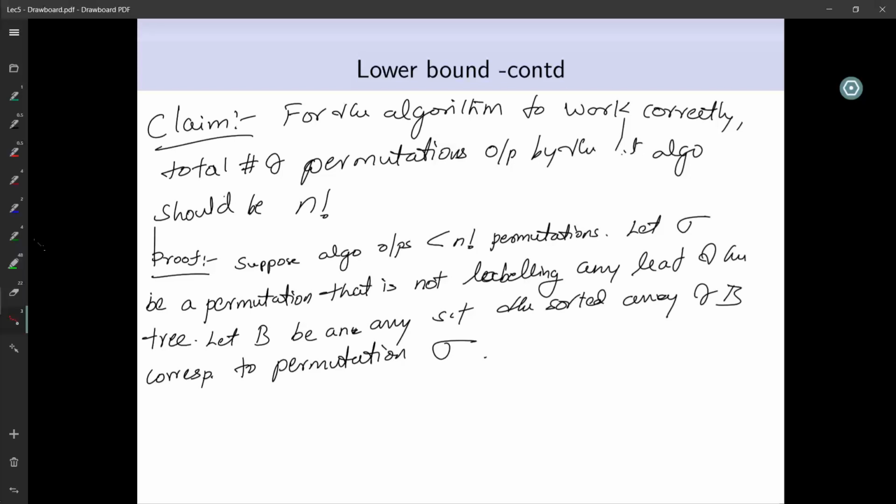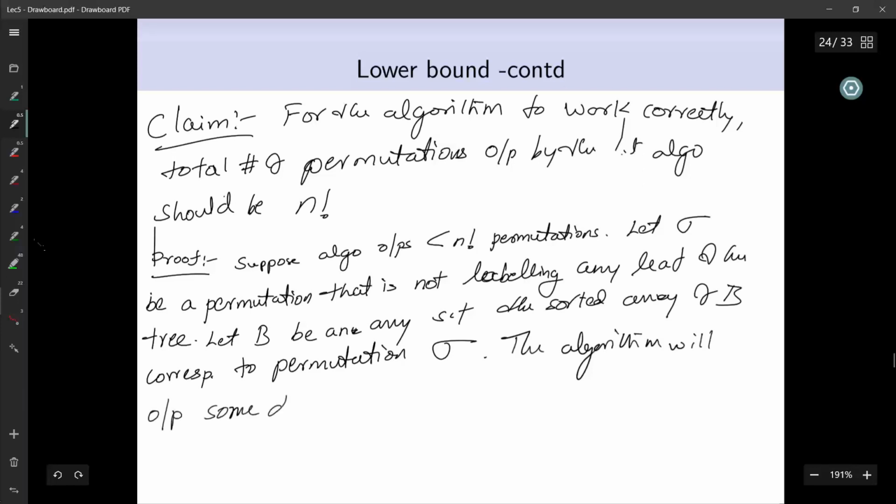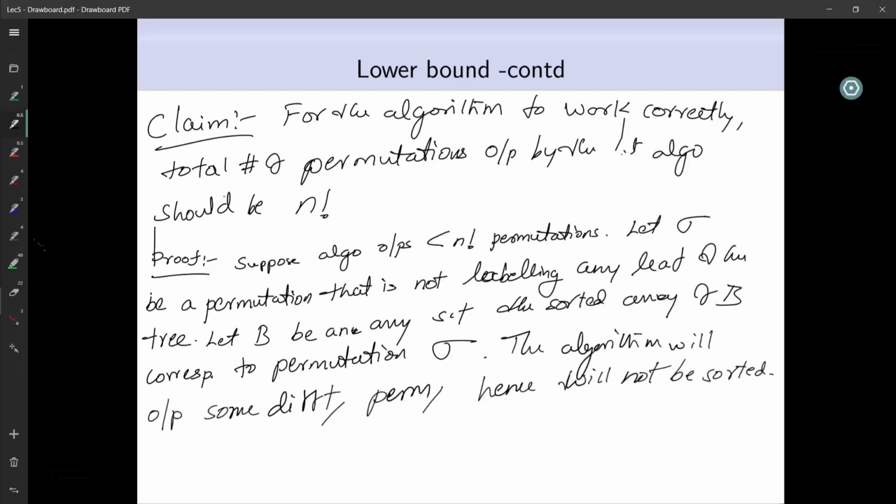So now the algorithm will output some different permutation, hence it will not be sorted. So this is the contradiction.